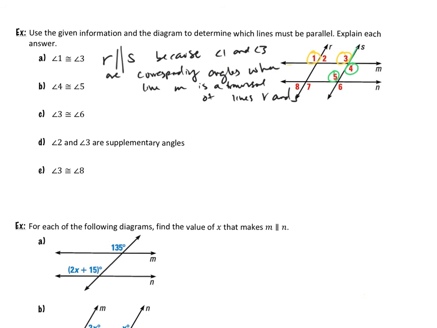So 4 and 5 are along line S, so S will be the transversal, and that means that it is intersecting lines M and N, so those are my pair. So that means that M must be parallel to N, because then 4 and 5 are alternate interior angles.